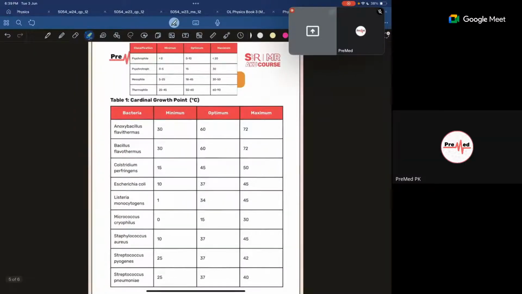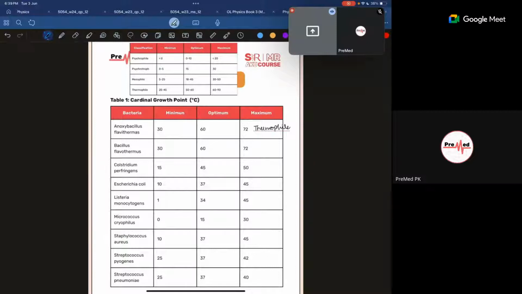So the first bacteria has a minimum of 30, optimum of 60, and a maximum of 72. So this easily fits into the thermophile category. I have attached a table above for reference, because we can see minimum falls in the 25 to 45 range, optimum, that is 60, falls in the 50 to 60 range, and 72 falls in the maximum range, that is 60 to 90.